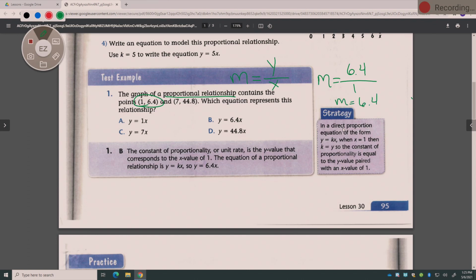And then remember, if we're doing our slope of the line, y equals something times x. This is where our slope goes, right? So y equals 6.4 times x. But remember, we always need to look for if it's proportional, then we can do our shortcut.